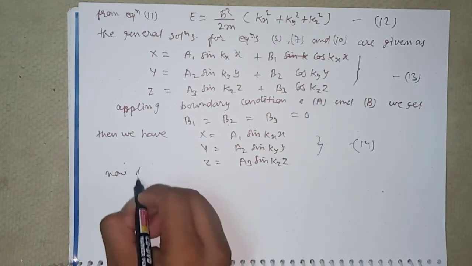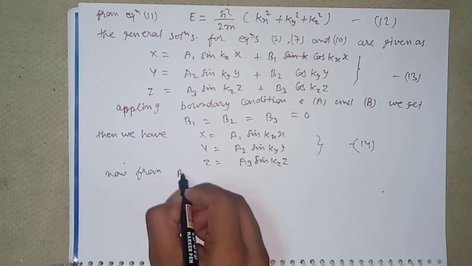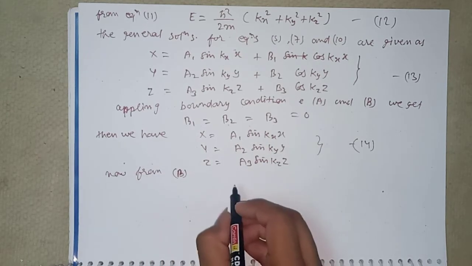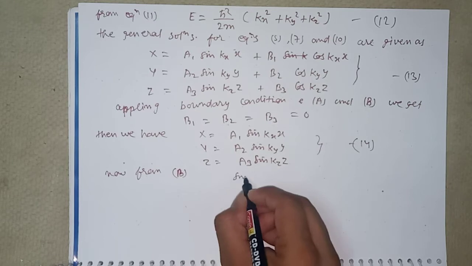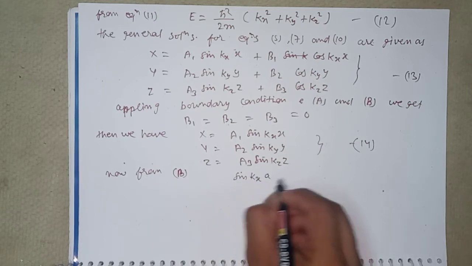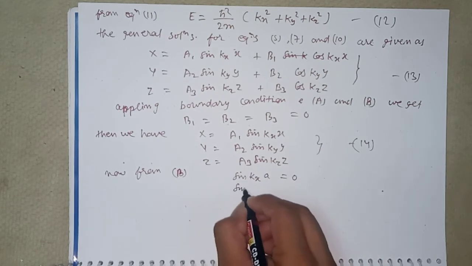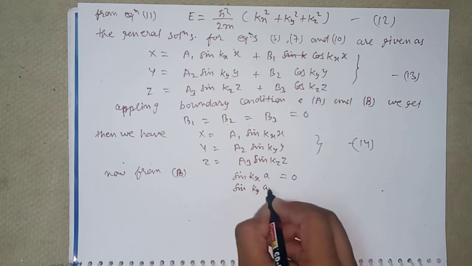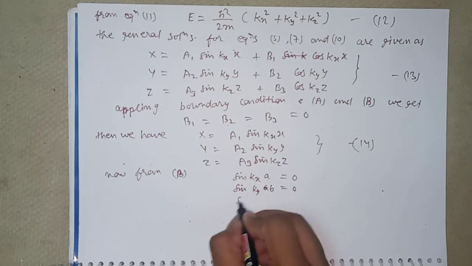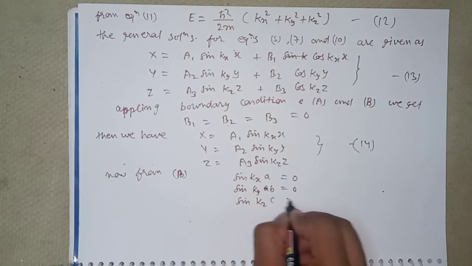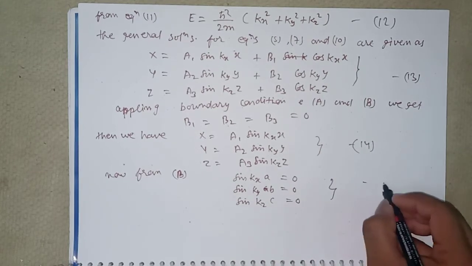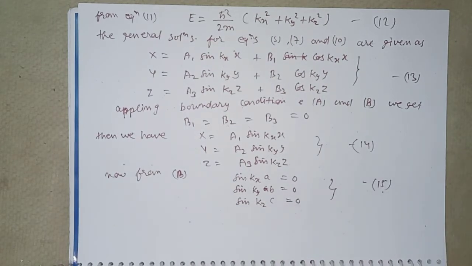And now from equation B, sin kx a is equal to 0, sin ky b is equal to 0, sin kz c is equal to 0. Equation number 15.